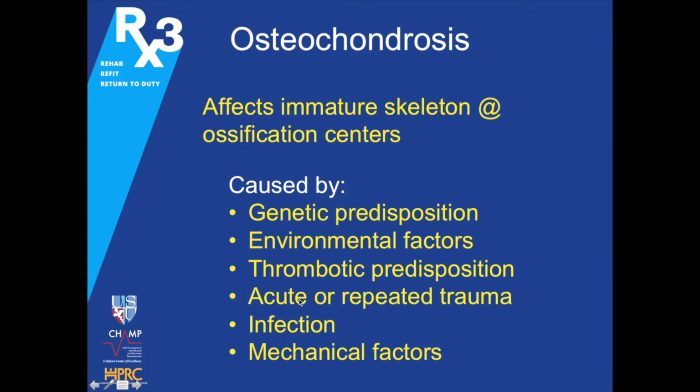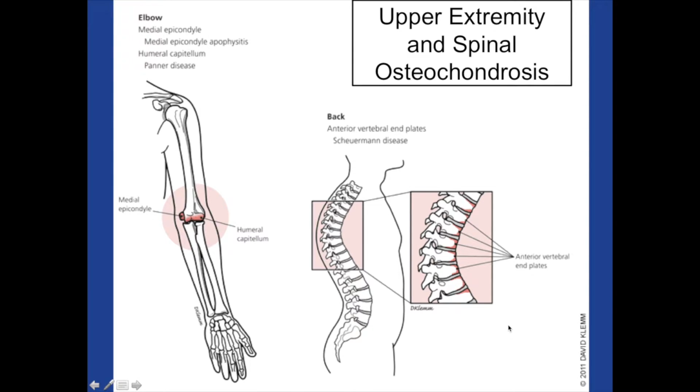So, osteochondrosis, again, affects immature skeletons at ossification centers, and it is caused by a variety of different factors, and we don't know which one happens, and they're probably multifactorial, to be quite honest with you. They can be divided into upper extremity and lower extremity. Anywhere you have a secondary ossification center is a potential site for an osteochondrosis.